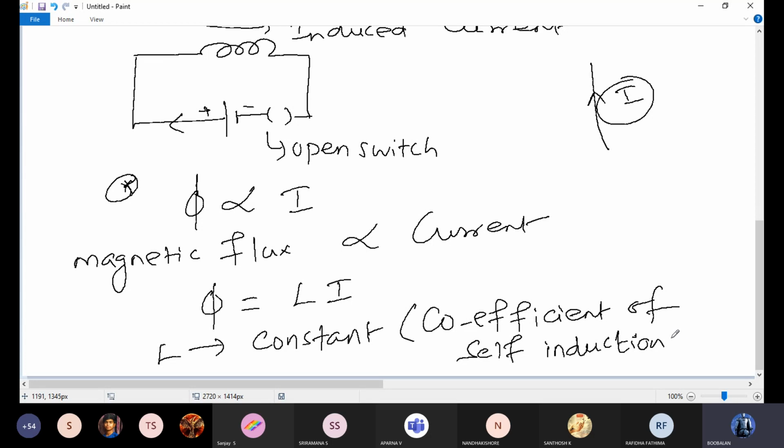So phi is equal to LI, where L is the coefficient of self-inductance. Please note it.